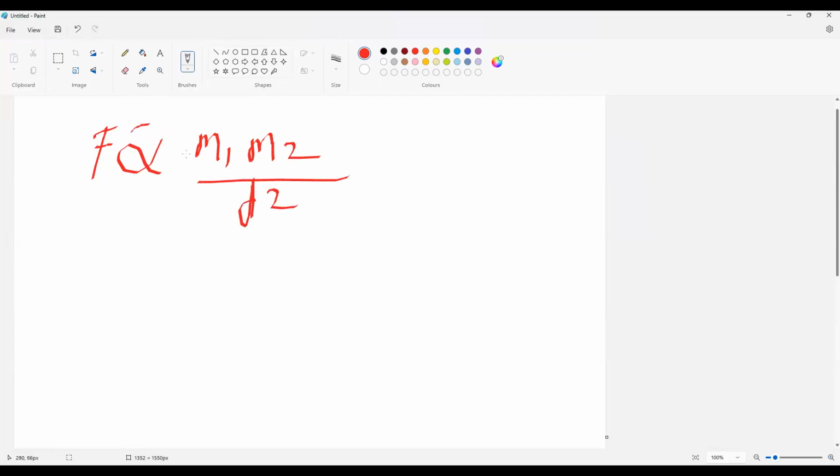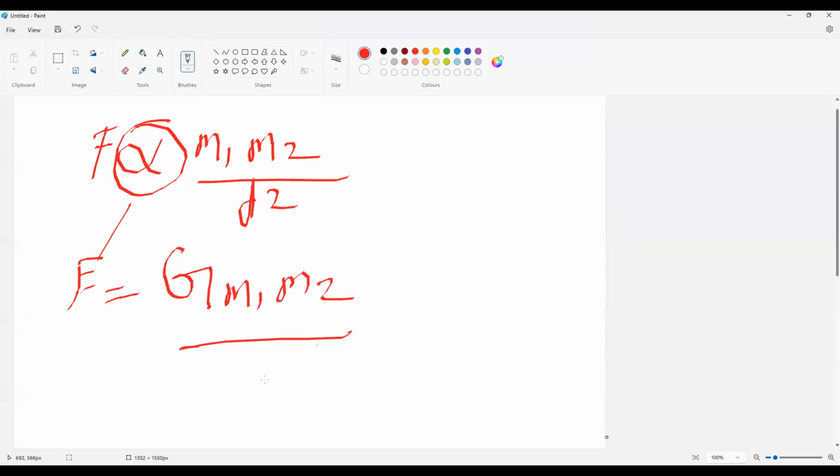Now this proportionality I am changing into F is equal to a constant value. I am bringing in the universal gravitational constant. This is nothing but F is equal to G M1 M2 divided by D square. What is this G?